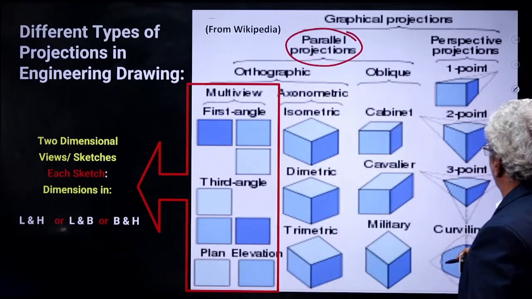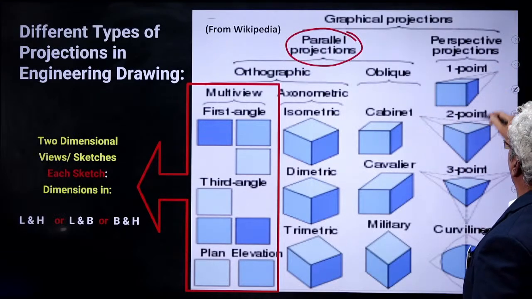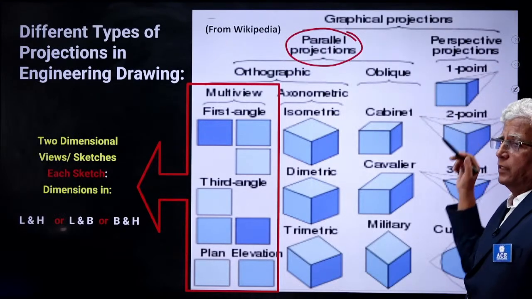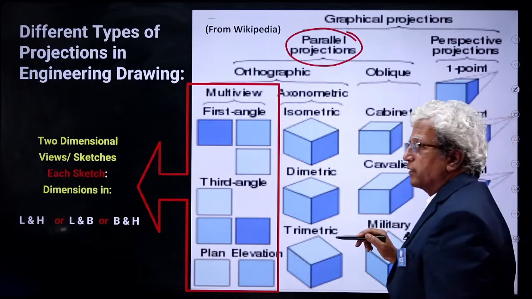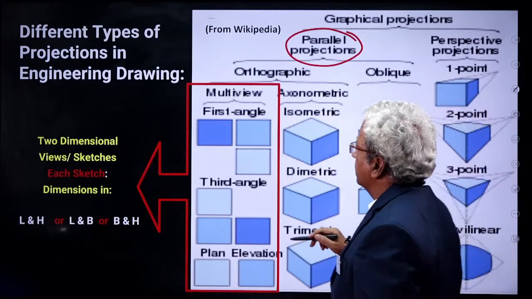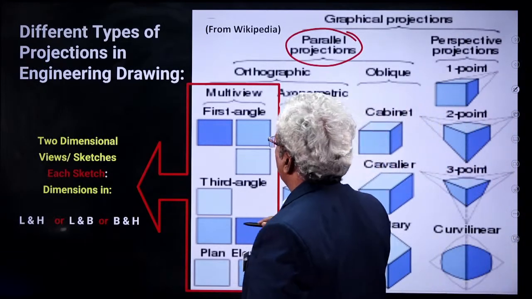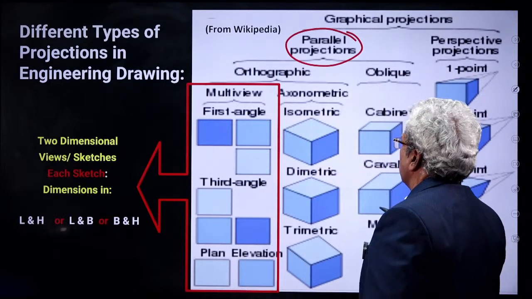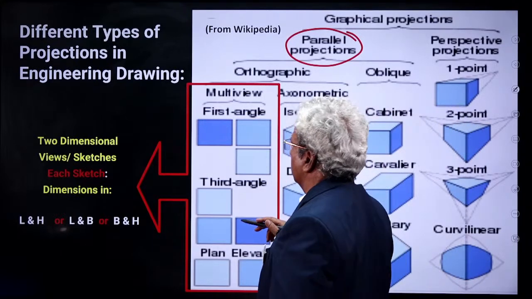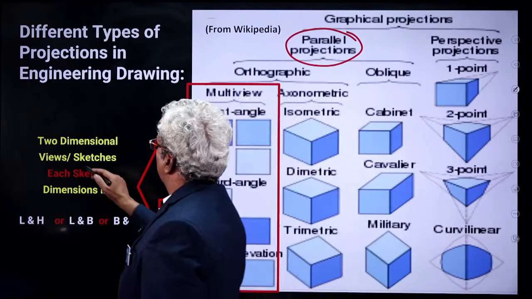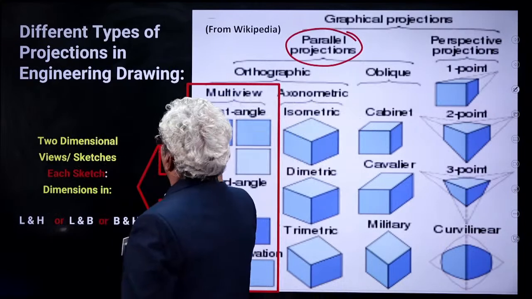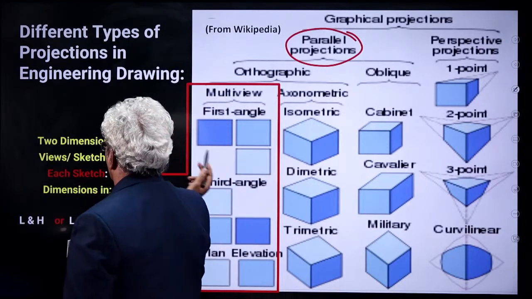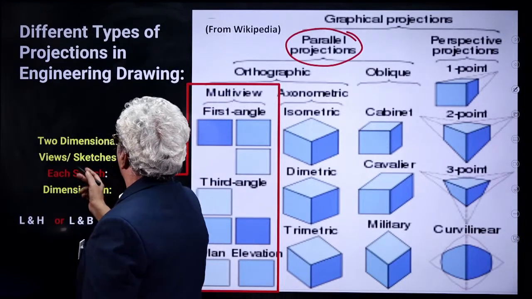And the other set is, say, perspective projection. The architects know this better, okay, about the perspective views, okay. And in the orthographic projections, we have the chance of representing only 2 dimensions. So they are multi-view projections to represent the objects.